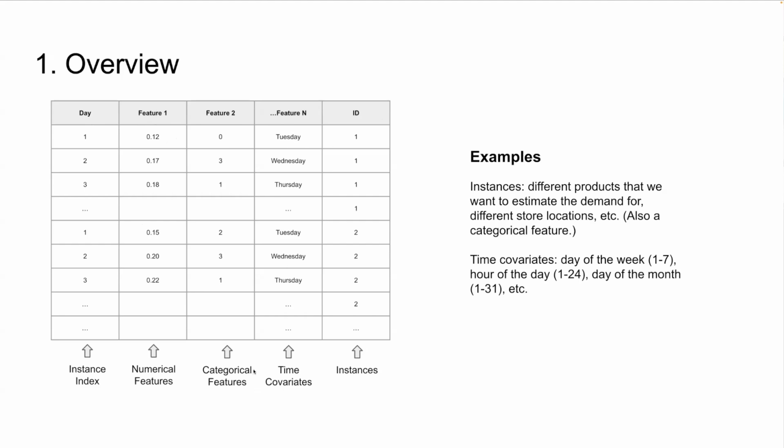The last example I'm giving here is called time covariates. This corresponds to some time-dependent information, for example, the day of the week, whether it's a Tuesday, Wednesday, or Thursday, or it can also be hour of the day, day of the month, etc.